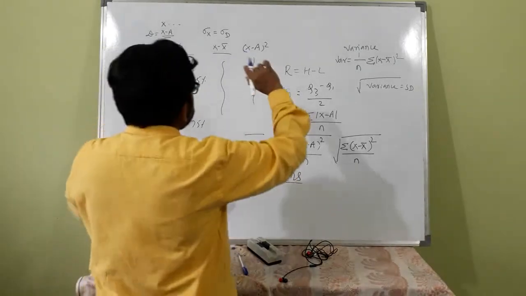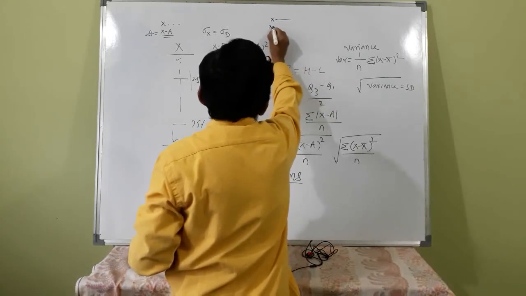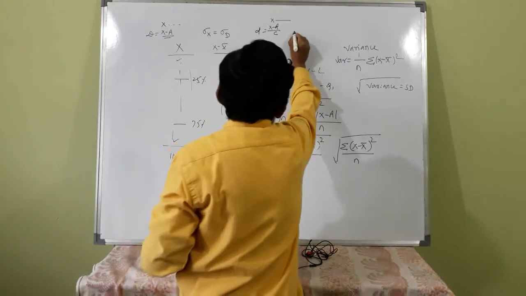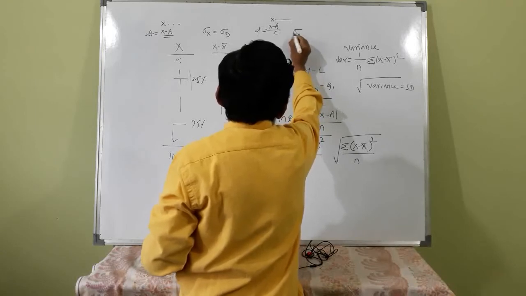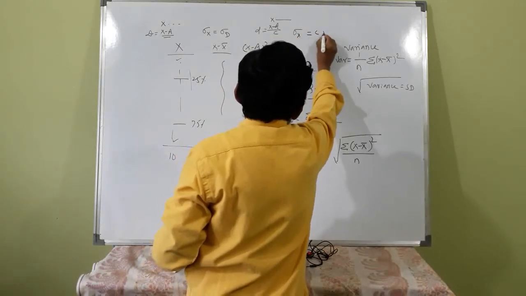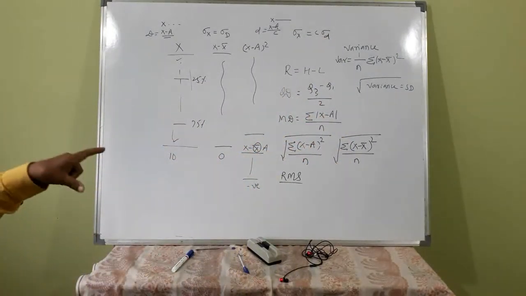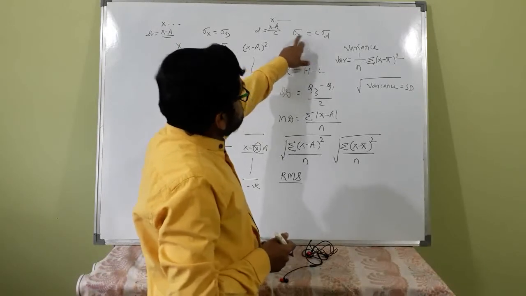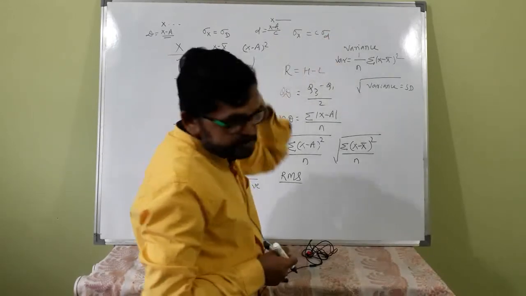Okay, if you take the step deviation values, that is, suppose xi values, if you define x minus a divided by c as d values and compute the standard deviation for d's, then the relation between standard deviation of initial values and standard deviation of step deviated values is: standard deviation of initial value is equal to c times standard deviation of d.